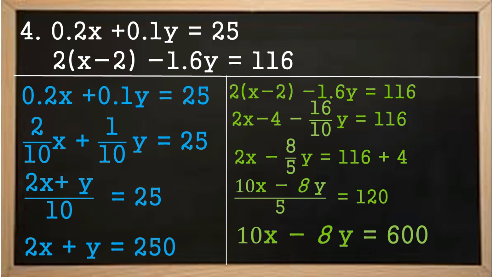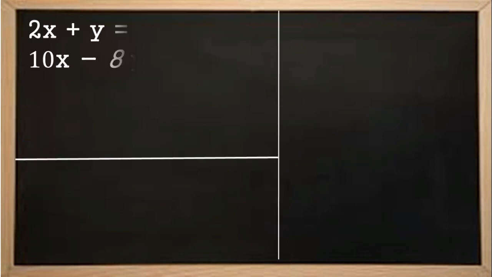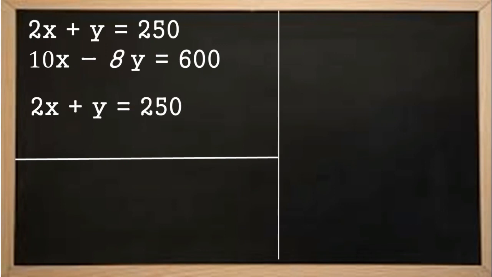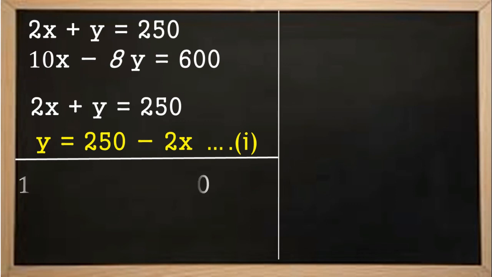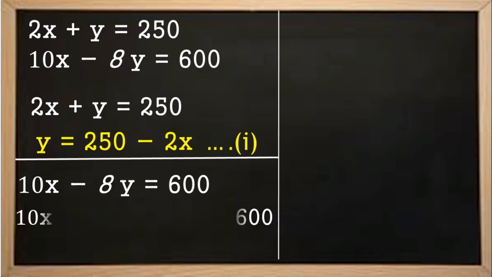Now we have got two equations in the standard form. Let us consider these two equations to find the solution. Consider the first equation, 2x plus y is equal to 250. Equated for y, its value is 250 minus 2x. Now consider the second equation, substitute y as 250 minus 2x.